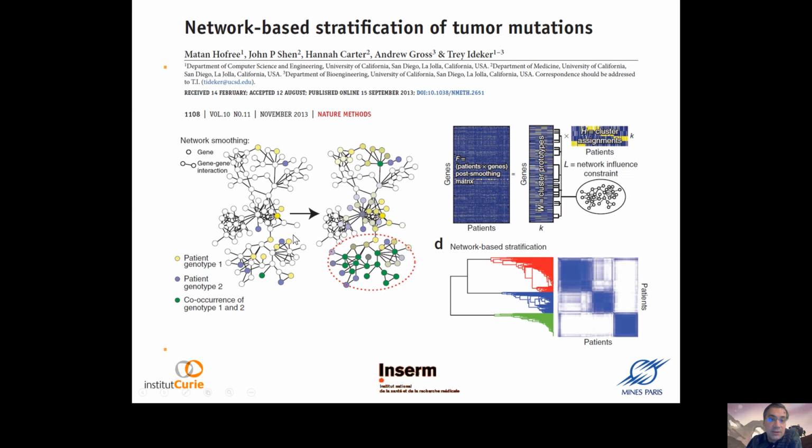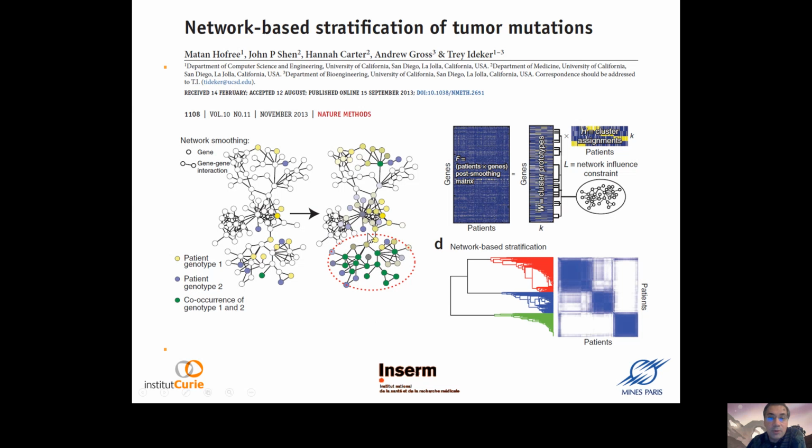And the idea is to describe the effect of a mutation on some neighboring genes in the network in such a way that this effect would be quantified not by 0, 1 values, but in a continuous fashion, and it will peak where the mutation happens, and then the effect will decrease gradually in the neighborhood.